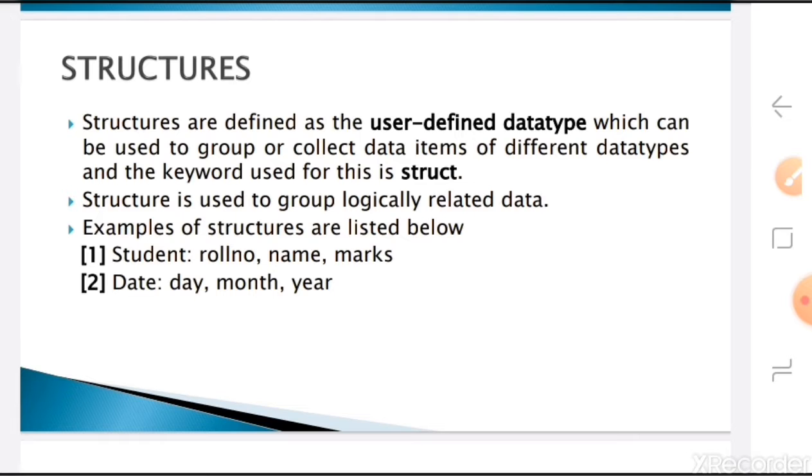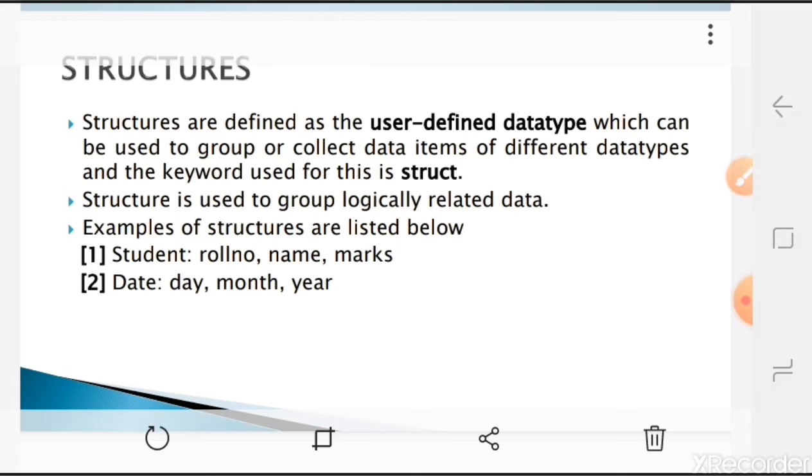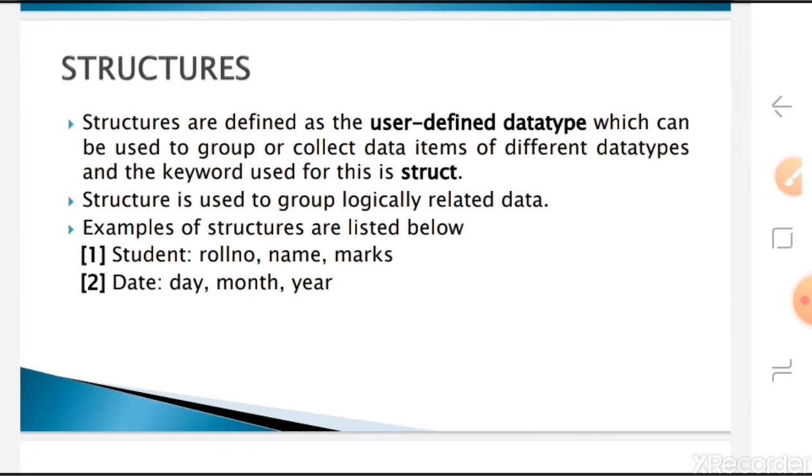For example, consider a student. Here a student may have a roll number, USN, name, and then n number of subjects' corresponding marks. If you observe these fields, USN is a collection of characters, a string. The roll number I can take as a numerical type, so it is an integer.